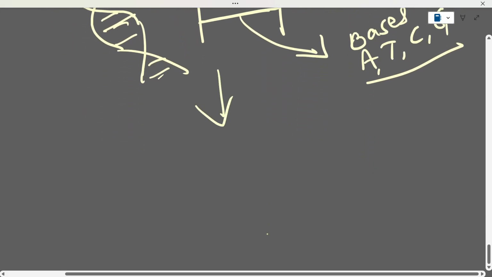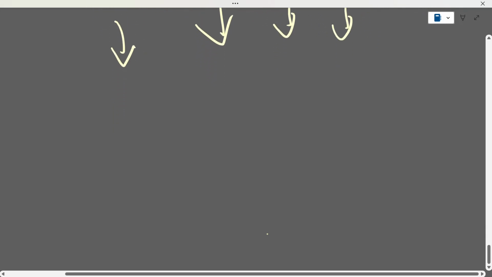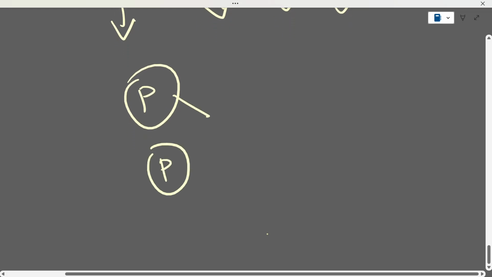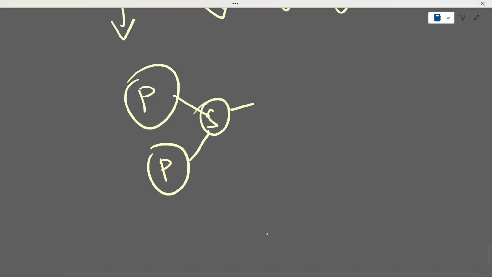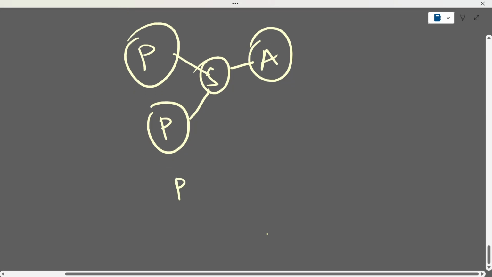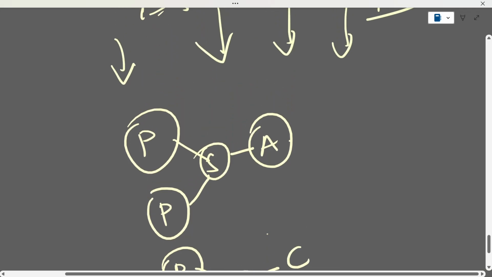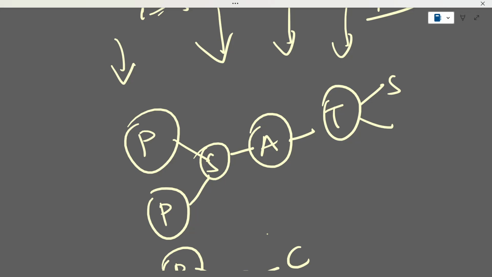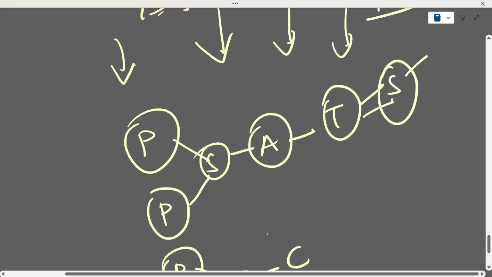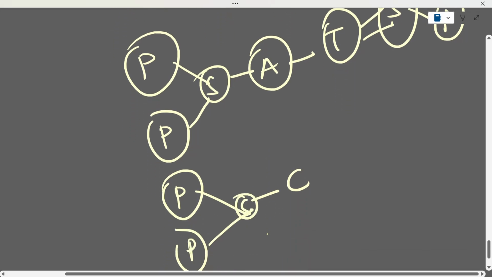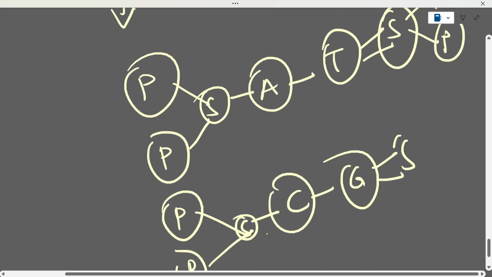Now when we further unfold it, the structure will be like this. A will bind with T, and the sugar bonds and phosphate bonds will be there, and this whole structure will be unwound in this way.